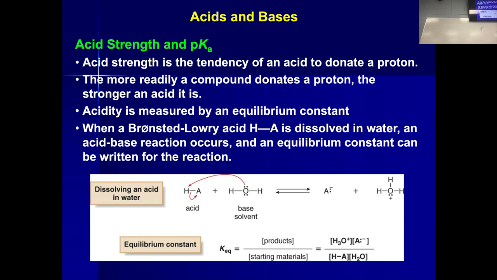It donates an electron pair, and it picks up the proton, that's right. But what happens to this water? It becomes the hydronium, the H3O+. So what happens to the amount of water I have in my flask? Does it go up or does it go down? Down. It goes down a little bit.